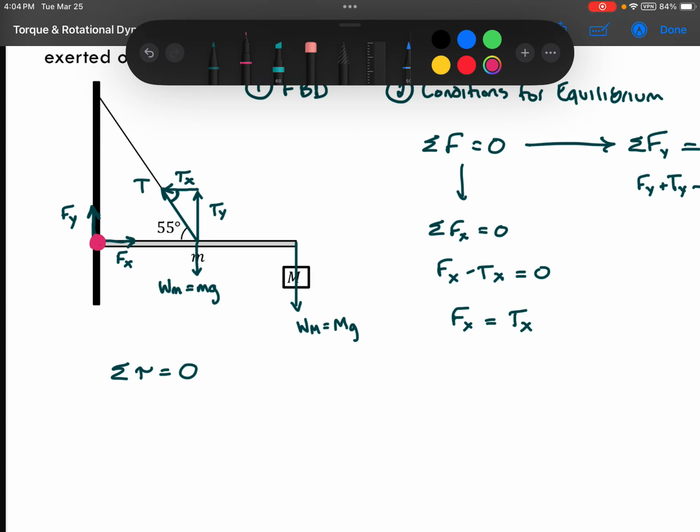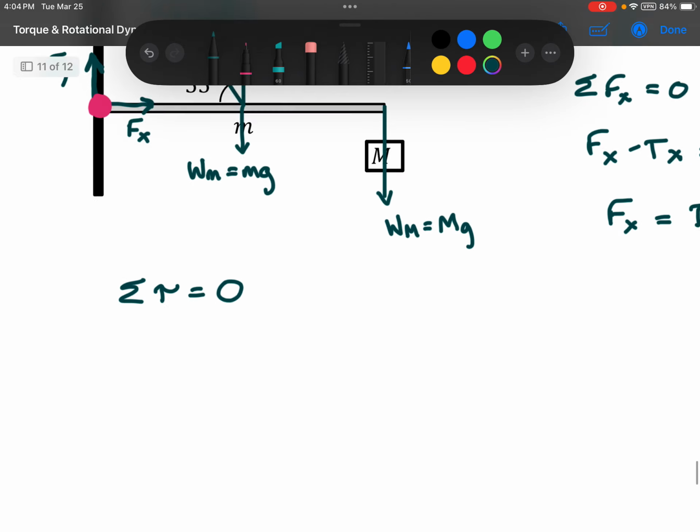And so that means that Fx and Fy will not contribute to the net torque because the distance from the axis of rotation is 0. And so then that means that only the weights, the weight of the bar, the weight of the sign, and the tension in the y direction will contribute to the torque because Tx is parallel to the bar, so it won't contribute either.